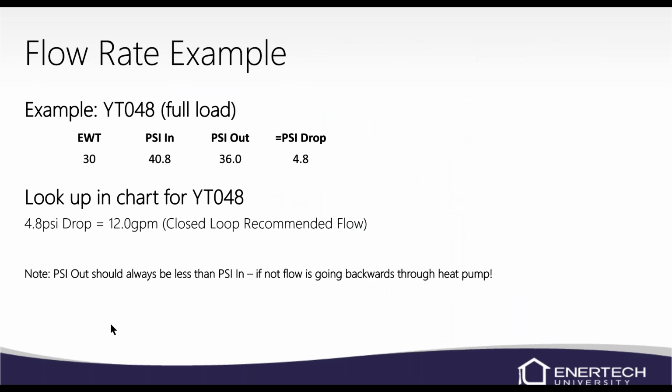So we'll do a little flow rate example here. We've got a YTO48. We've got 30-degree entering water temperature, 40.8 PSI in, and 36 out. So if we do the math on that, 40.8 minus 36 is 4.8. Now that's not flow, that's PSI drop.